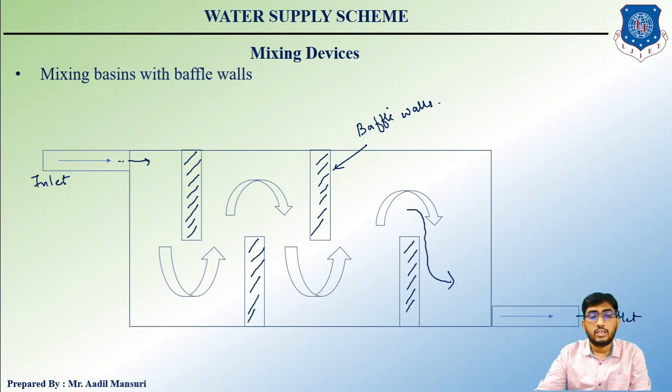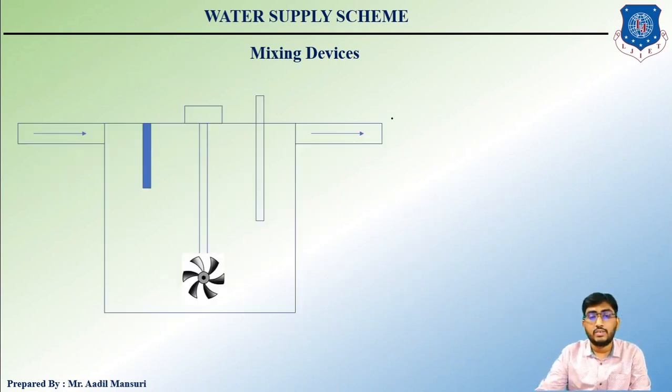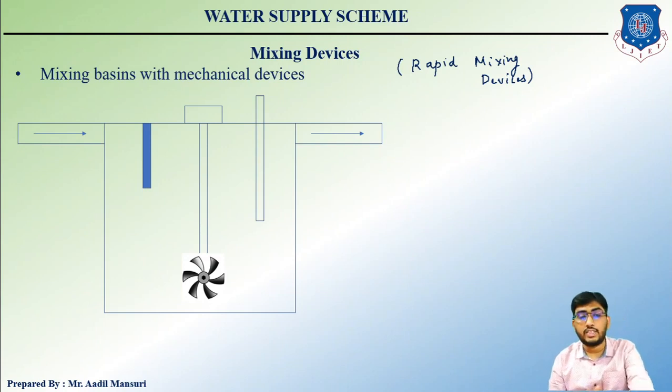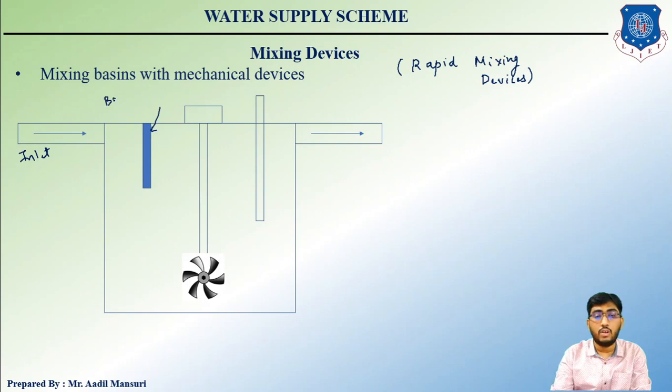Let's see the second type of mixing device, which is known as the mixing device with mechanical devices. This is also known as rapid mixing device or rapid mixer. As you can see, this is the inlet. Then here this is again a baffle wall.